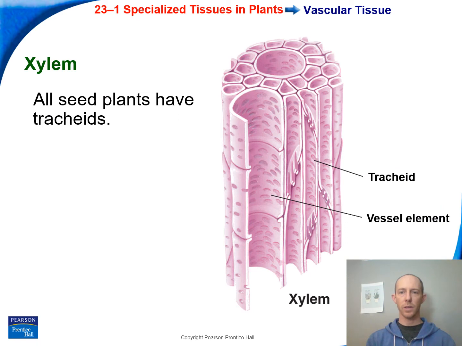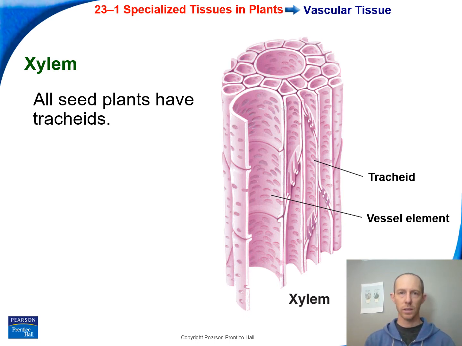Okay, there we are. So for xylem, we've got in the visual here, tracheids and vessel elements. So questions number 10 and 11 ask about these. So 10 says, how does water move from one tracheid to the next? If you look at the illustration, our tracheid points to these really narrow tubes that are divided. You can see how they have these perforated little divisions.